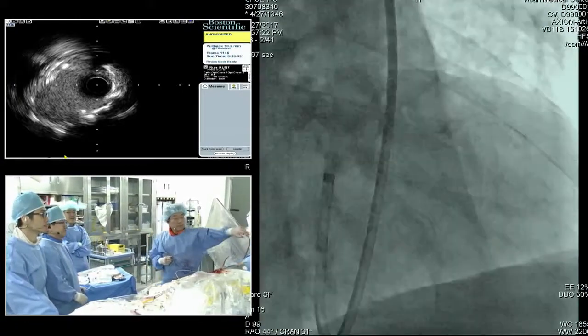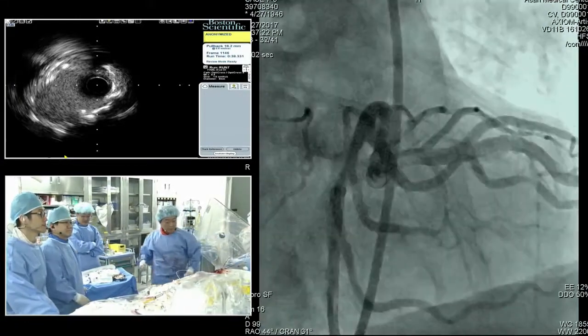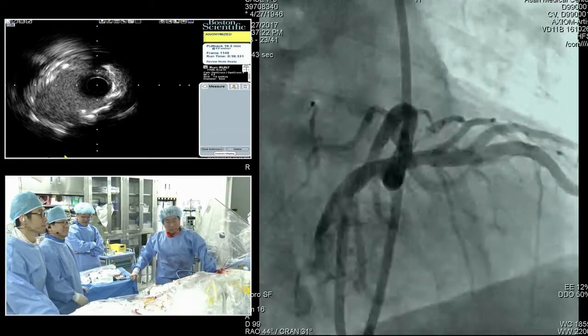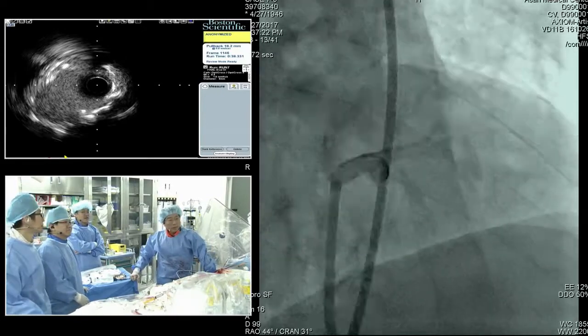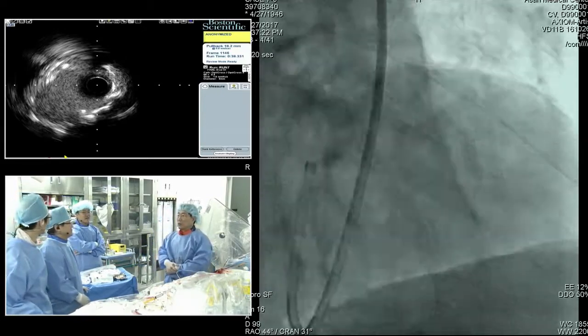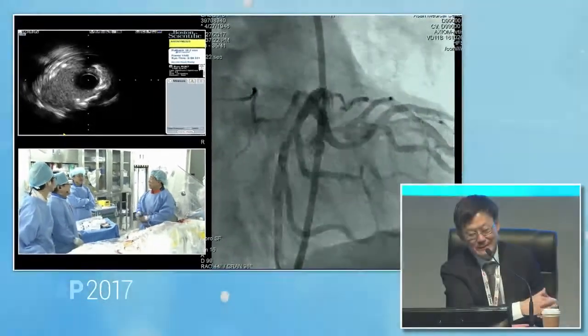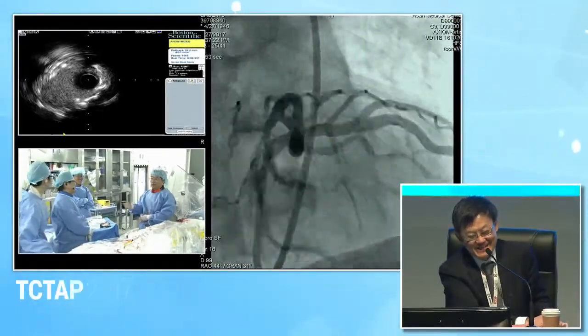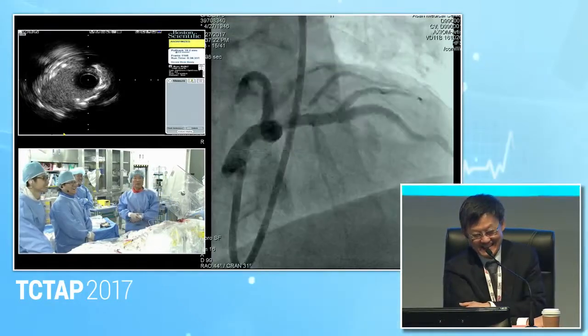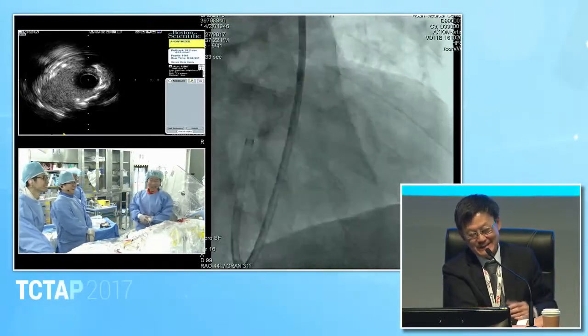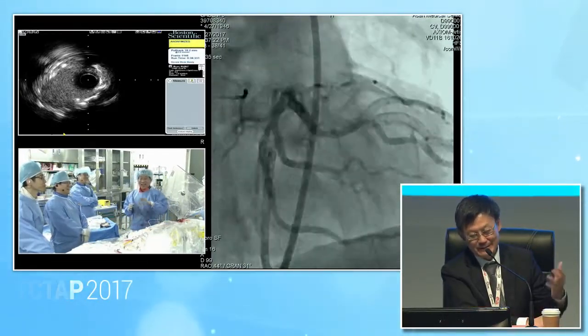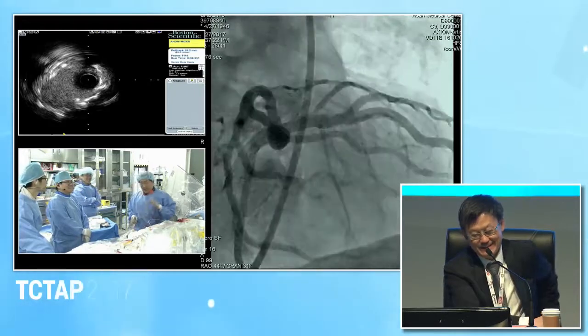Okay, it's one of the questions regarding different companies' metallic DES. Do you think any difference compared with this kind of bifurcation? You didn't tell us what kind of stent you are using. Everyone say no. So I'm just curious because you might compare different currently available ones.